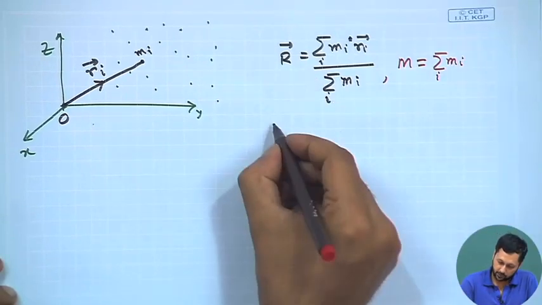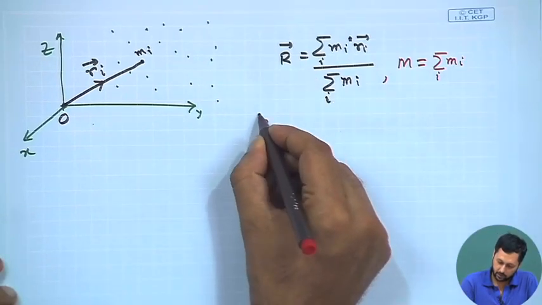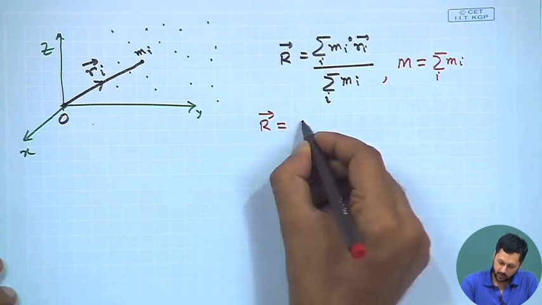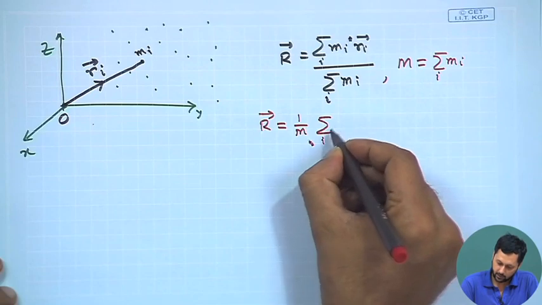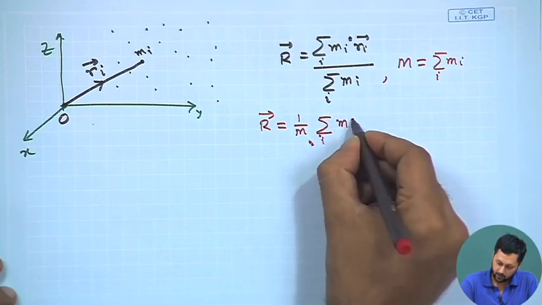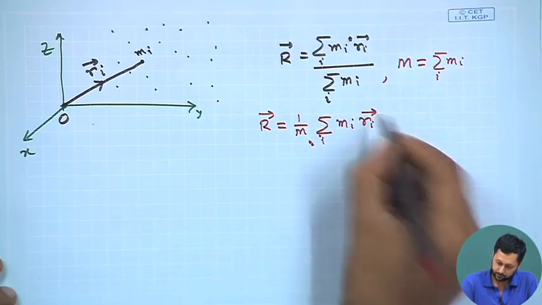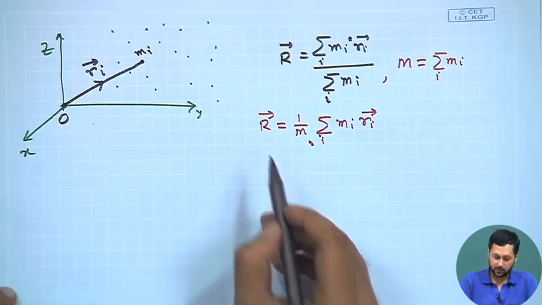So, we can modify the definition of R as 1 over M times the sum over i of m_i r_i. This is the definition of center of mass.